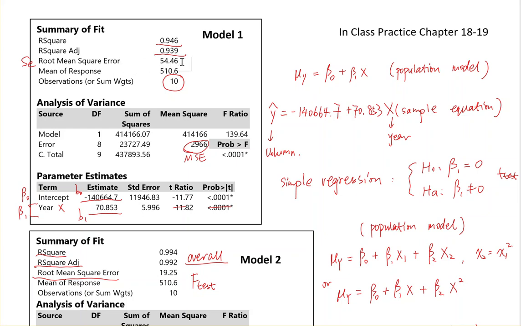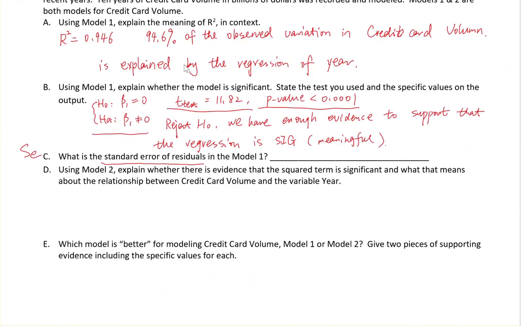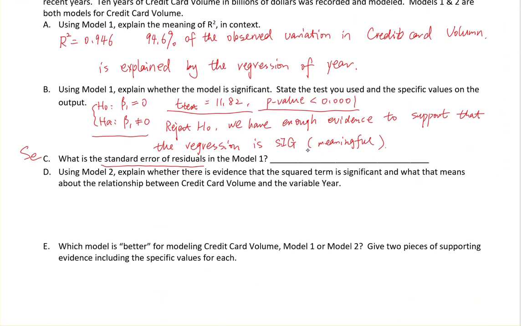Which is 54.46. Right, so that's it. 54.46. You don't need to calculate anything. You don't need to calculate the square root of MSE. You can do that, but it is not necessary, right? Okay. So A, B, C are all focused on model 1.